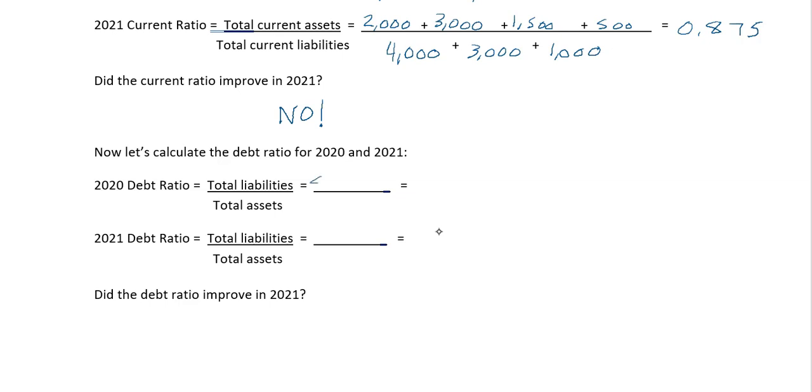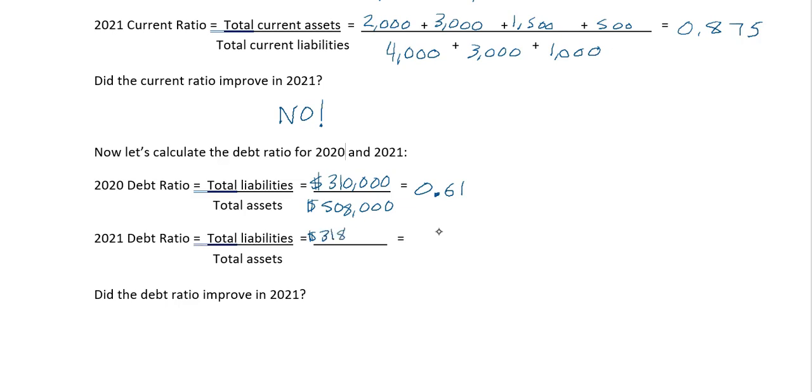So 2020, we had liabilities of 310,000 and we had assets of 508,000, which gives us a debt ratio of 0.61. 2021, same deal.